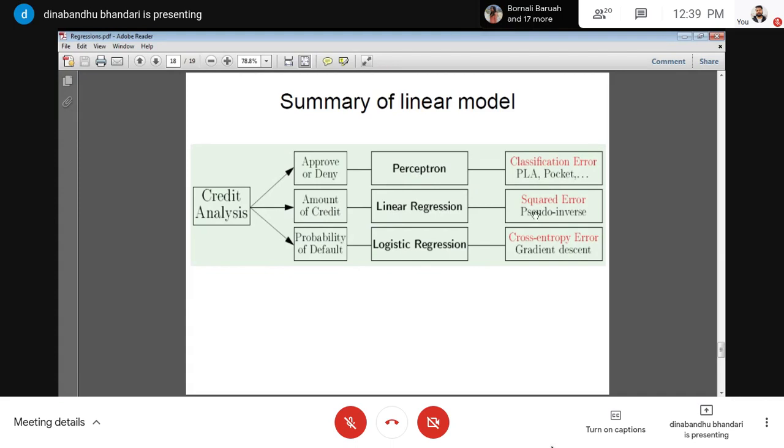That is square error, and pseudo inverse. We have seen that, and we have learned that one. And what is the chance that a person will become a defaulter, right? There is logistic regression. We have used cross entropy error as the optimization function, and gradient descent. So this is the summarization of whatever we have studied so far.